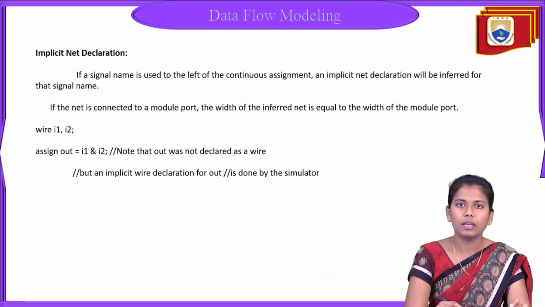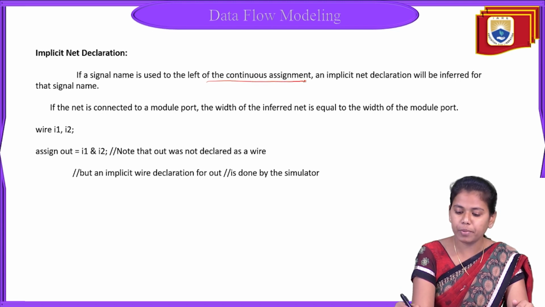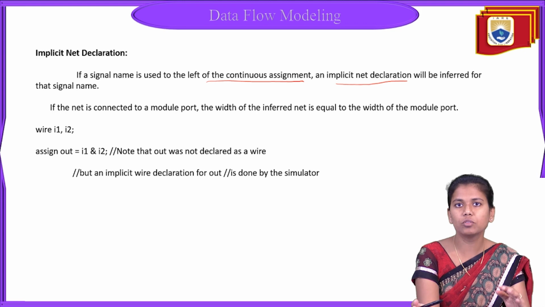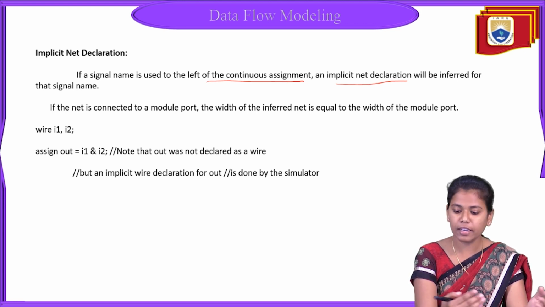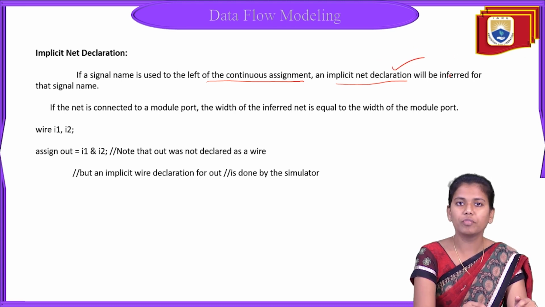Coming to implicit net declaration. What does this net declaration state? It says that if a signal name is used to the left of the continuous assignment, an implicit net declaration will be inferred for that signal name. So whatever name you indicate on the left hand side of the continuous assignment statement, that name itself is the net declaration of that particular signal.